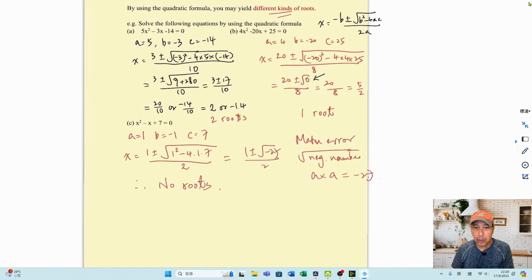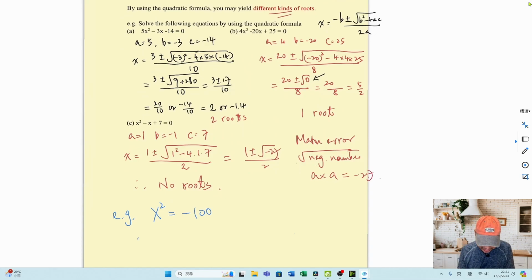Evidently, not all quadratic equations have solutions. I try to give you another example. x squared is equal to negative 100. Okay, this equation has obviously no solutions. If x is 10, 10 squared is equal to 100. x cannot be negative 10 because the square of negative 10 will be equal to positive 100.